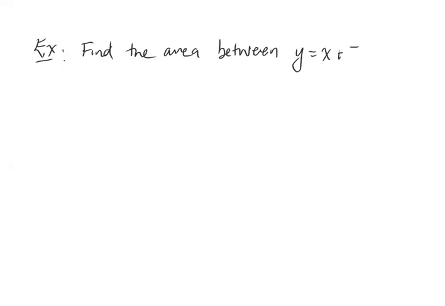Let's do this example. Let's find the area between the curves y equals x plus 5 and y equals x squared plus 1 on the interval from 0 to 2.